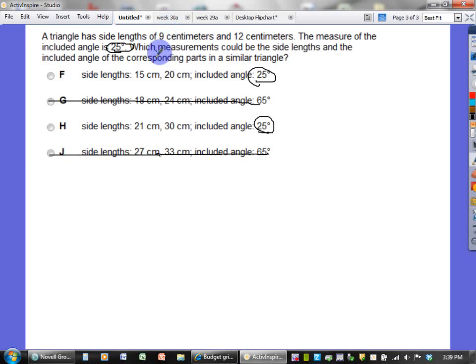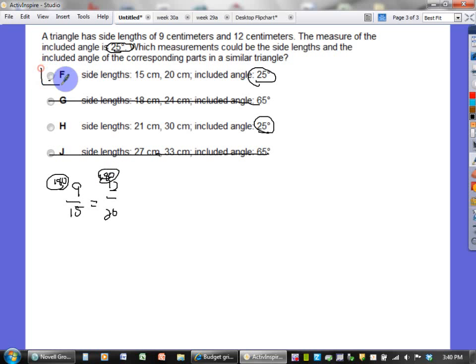9, the short side, over 15, the short side there: 9 over 15 equals 12 over 20. 20 times 9 is 180, and 15 times 12 is 180.